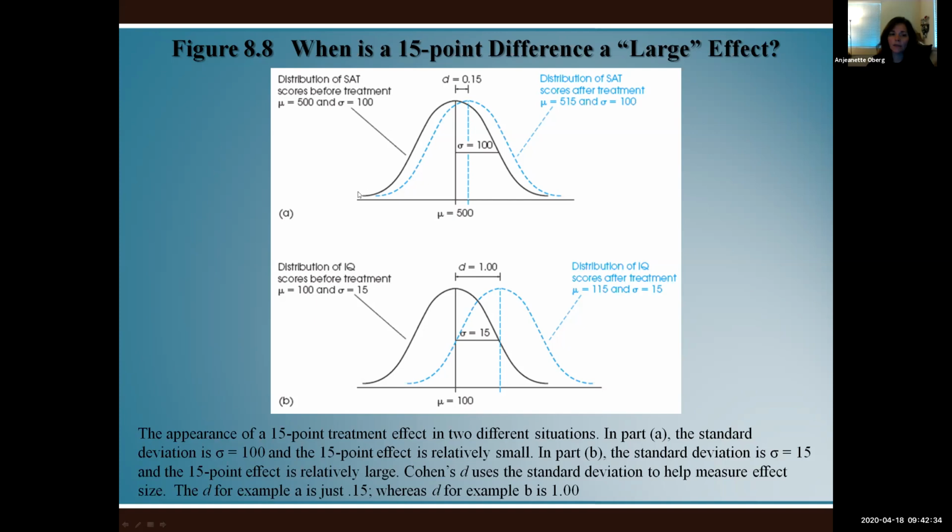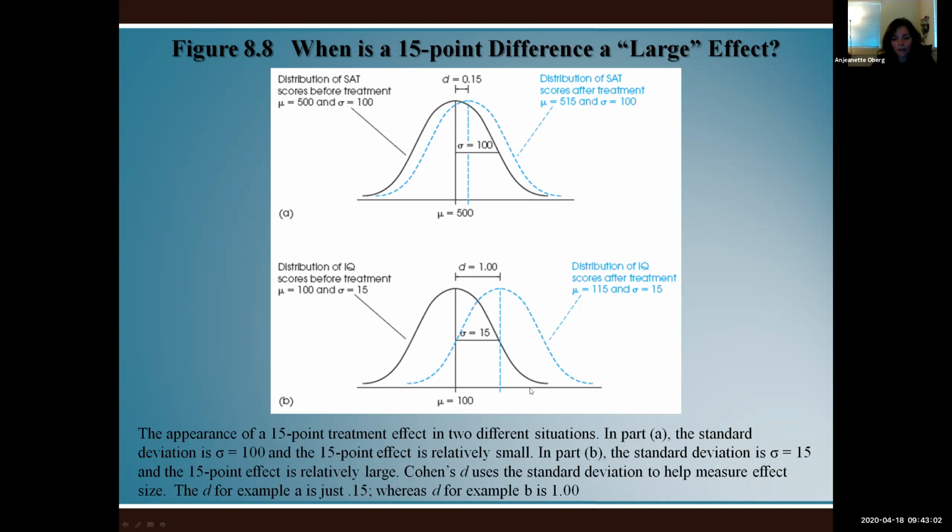Because it's positive, we know it's shifting our scores to the right, but only by 0.15. That's not huge, right? So we have a new mean of 515. That's 15 points, which ends up being 0.15 because that's out of the full 100 for the standard deviation. So it's only moving us less than 1/4 of a standard deviation.